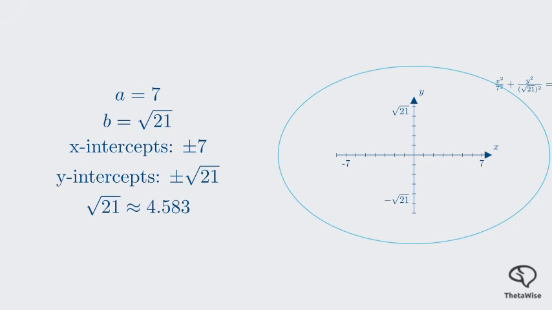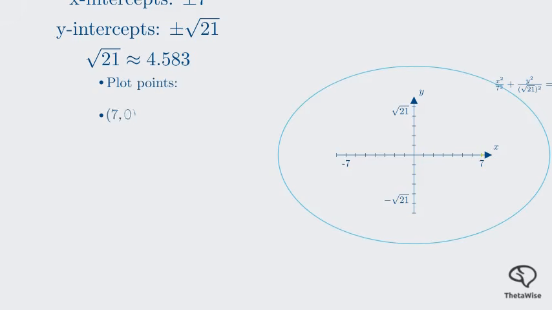The square root of 21 is approximately 4.583. To sketch this, you would plot the 4 points, (7, 0), (-7, 0), (0, square root of 21), and (0, negative square root of 21). Then draw a smooth, symmetrical curve through these 4 points to complete the ellipse.